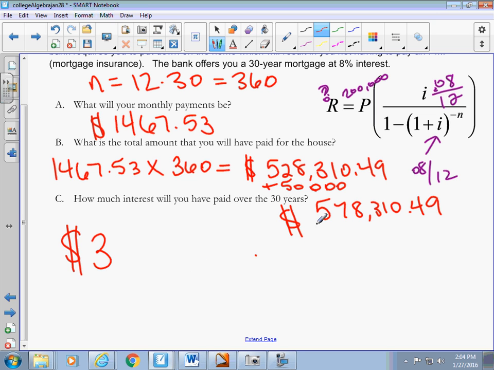This is how much I paid in total. The house cost $250,000. Everything else is interest. So how much interest was it? 300 and something. 28,310, yeah, and 49 cents.